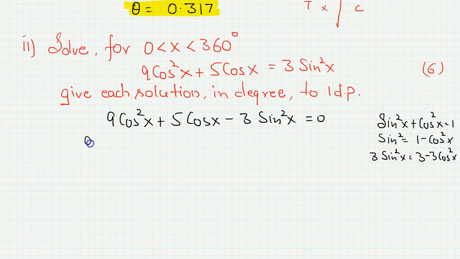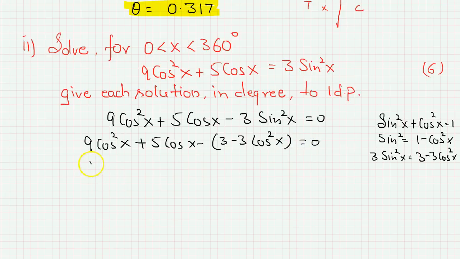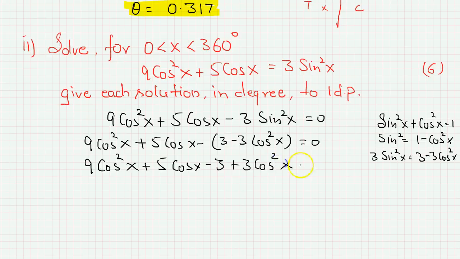So this will be 9 cos square x plus 5 cos x minus 3 minus 3 cos square x. Our working is just here. We open the bracket, this is equal to 0, so it will be 9 cos square x plus 5 cos x minus 3 plus 3 cos square x is equal to 0.